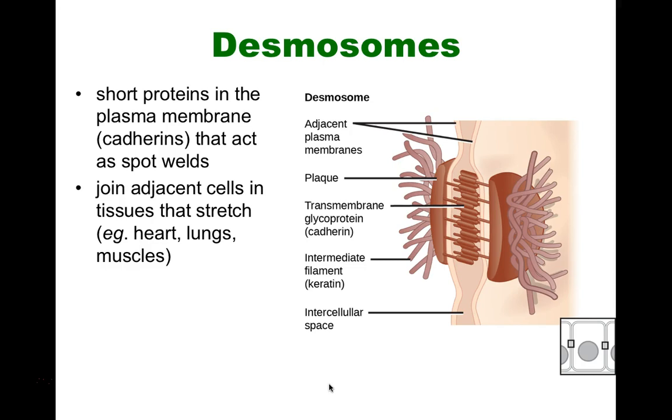They adjoin neighboring cells but give the cell some stretchiness, because these cadherins can slide or flex a little bit from one cell to the next. So we have a good attachment of the neighboring cells, but again, some flexibility. Heart, lung, and muscle cells are often attached to one another by desmosomes using these cadherin proteins.